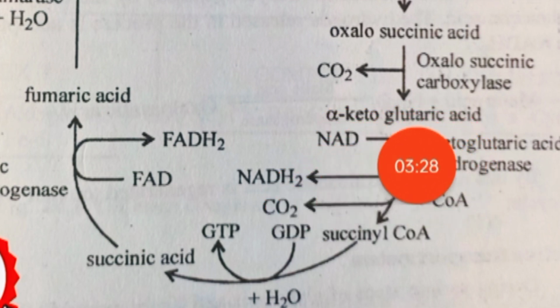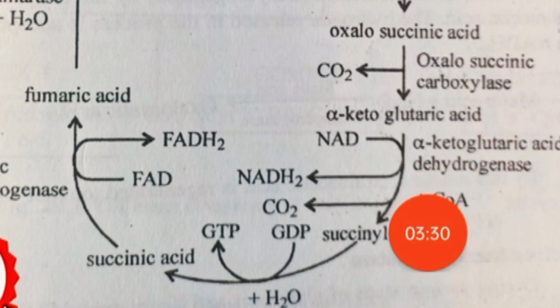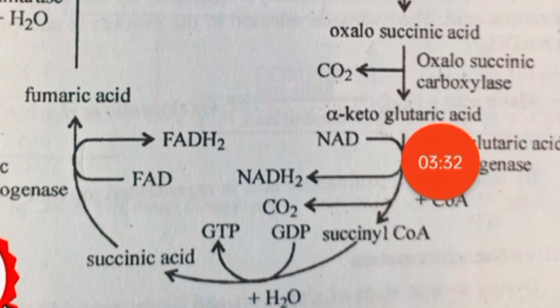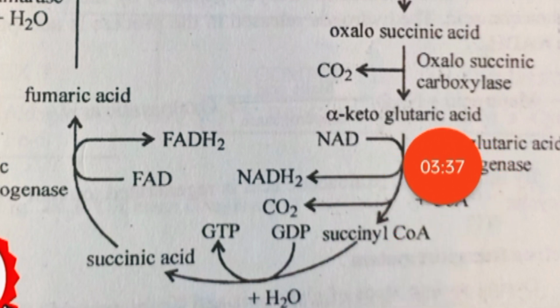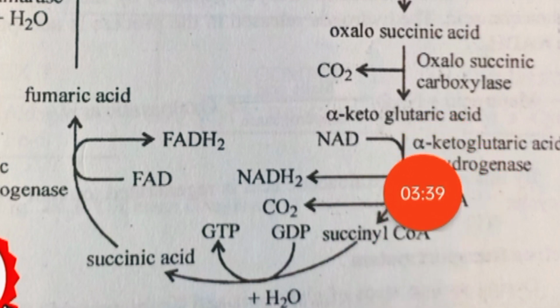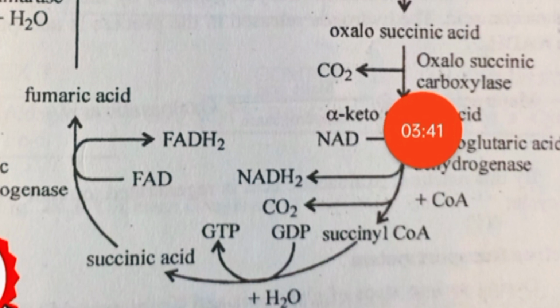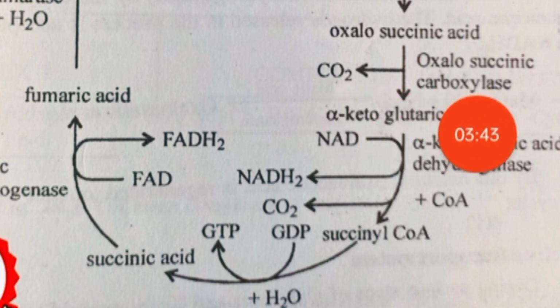Now from alpha ketoglutaric acid, decarboxylation occurs again. Carbon is converted into carbon dioxide, and NAD is converted into NADH2, giving a 4 carbon molecule from the 5 carbon molecule.